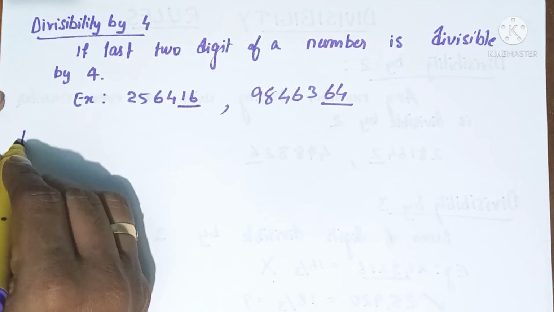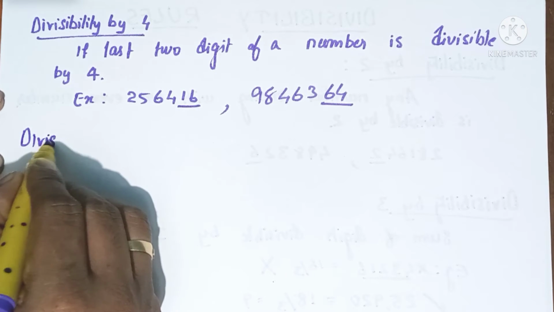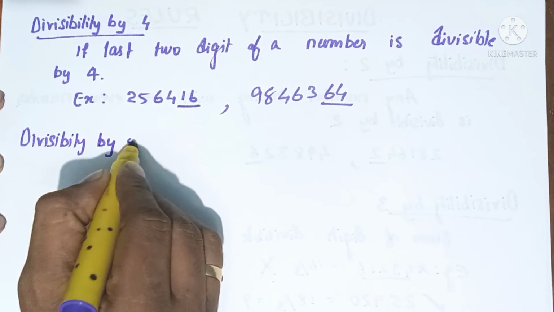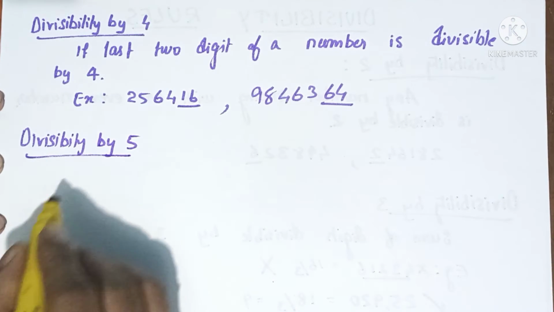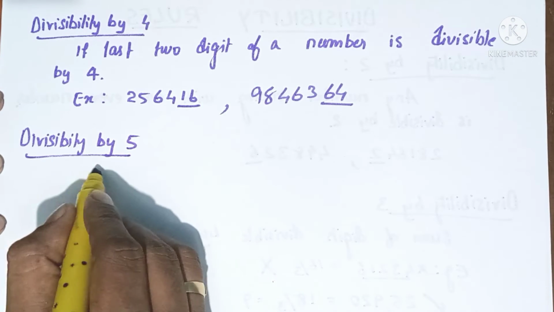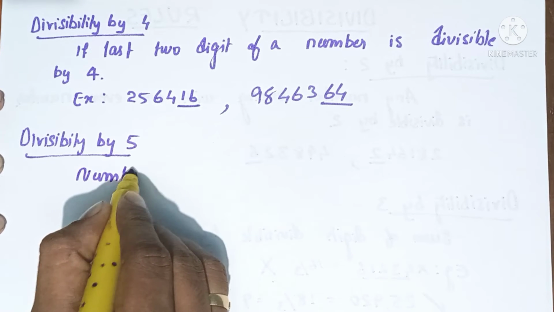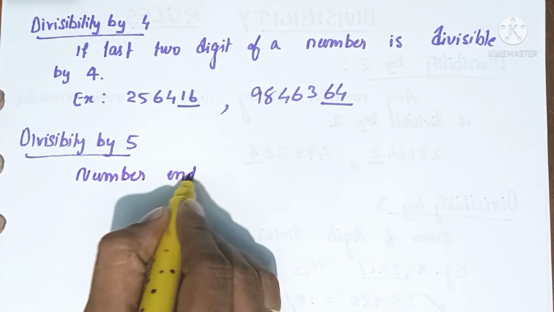Okay. Next is divisibility by 5. If a number is ending with 0 or 5, we all know this very well.